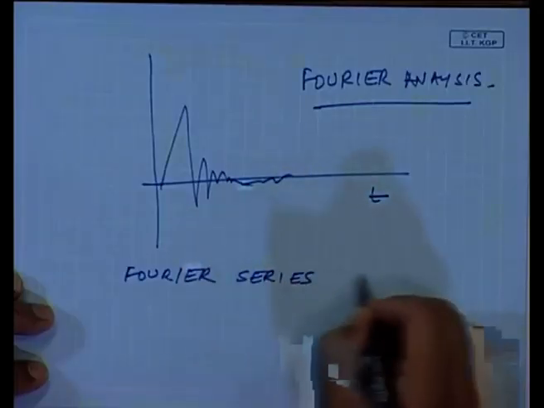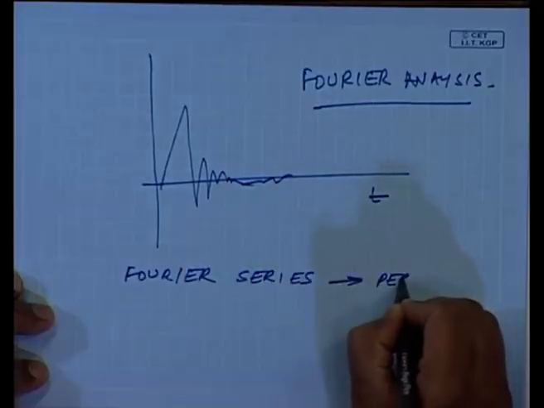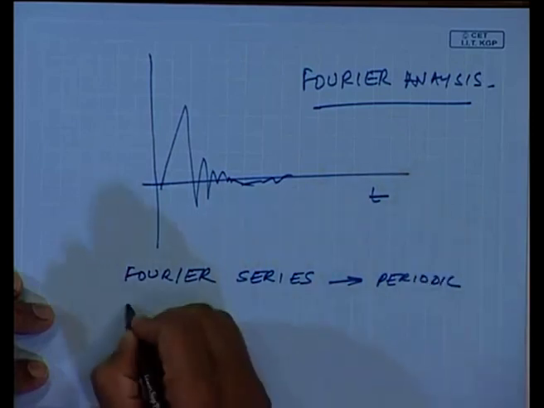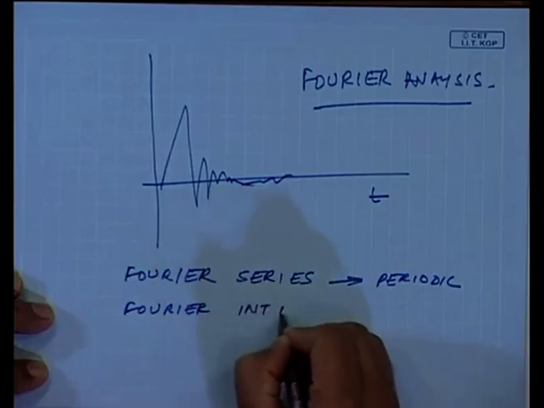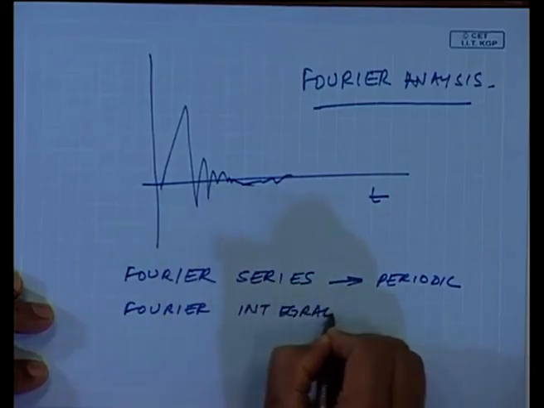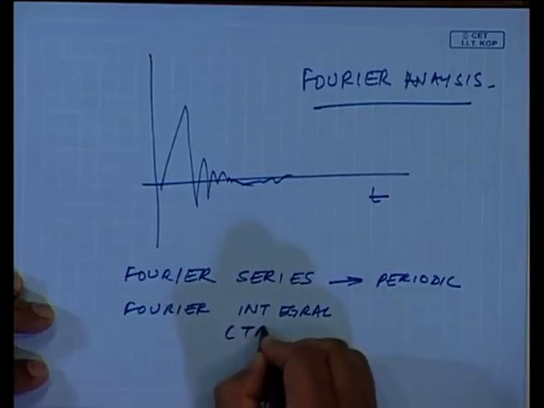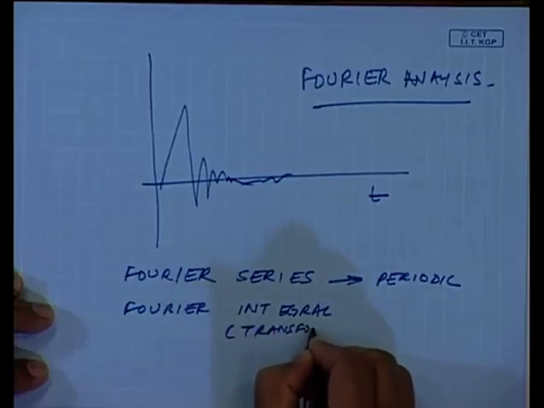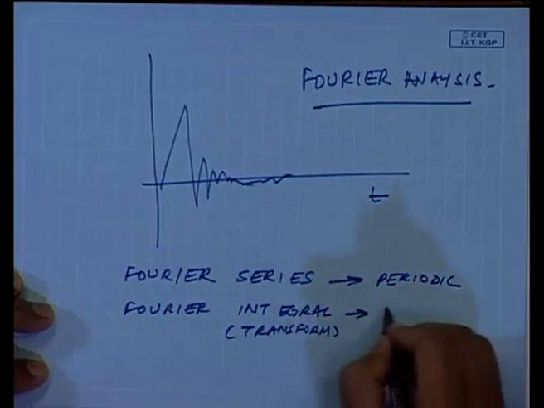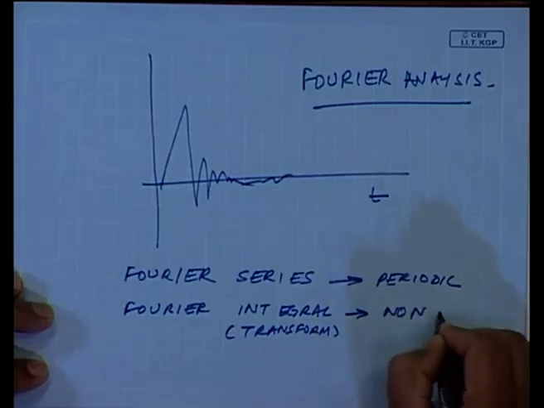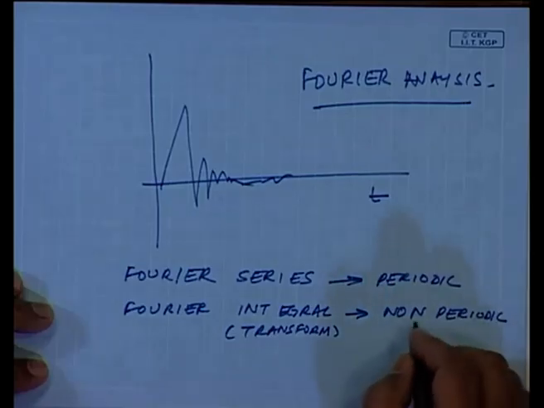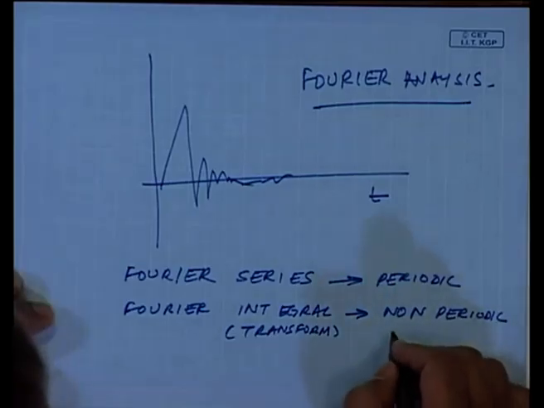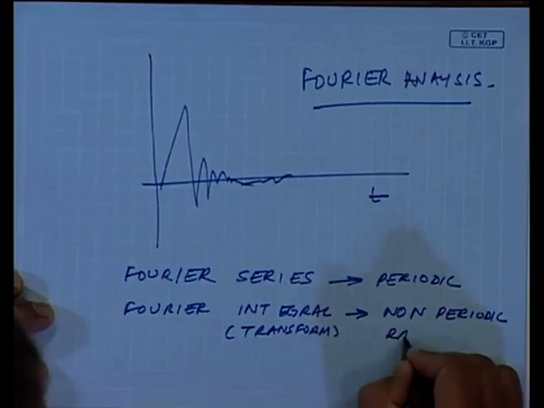So, we have this Fourier series, which is for periodic functions. We have the Fourier integral transform, which can be for non-periodic and random signals.